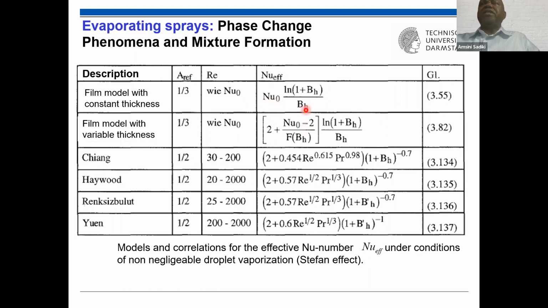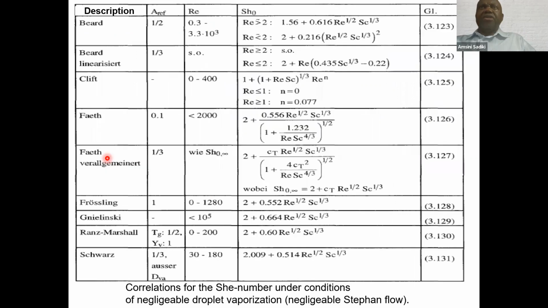If the film thickness is not constant, there is a dependency on the thermal Spalding transfer number, and we have different expressions and also rules we can use if we account for these correlations. It is the same for the Sherwood number.